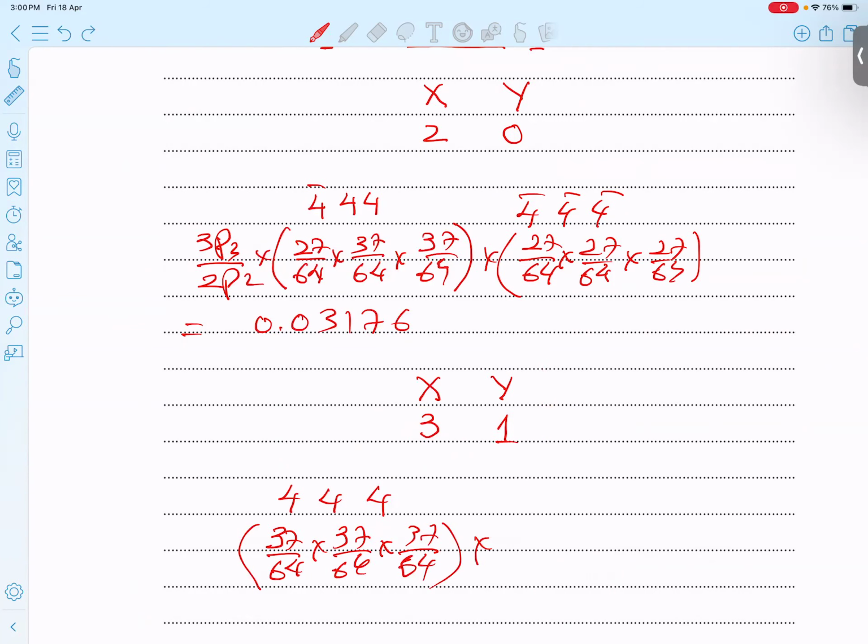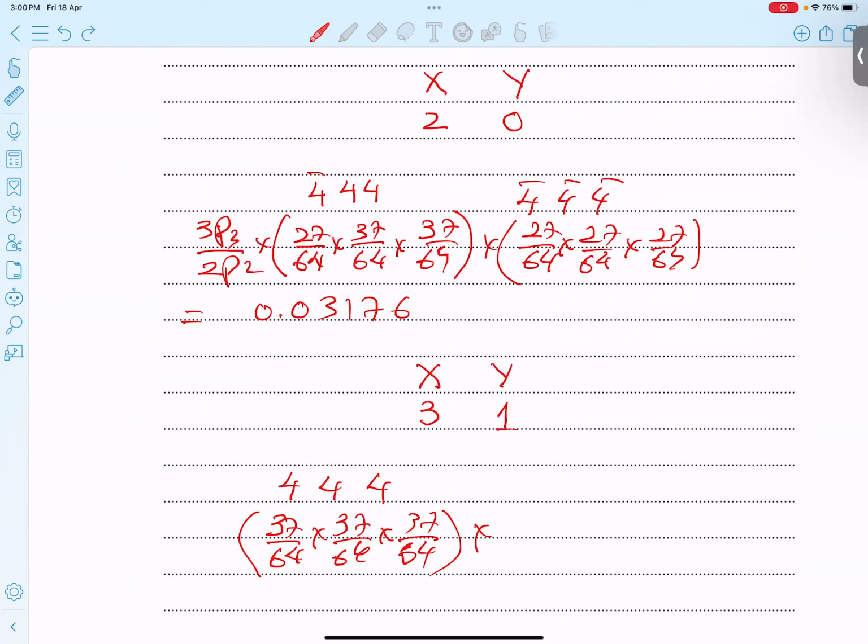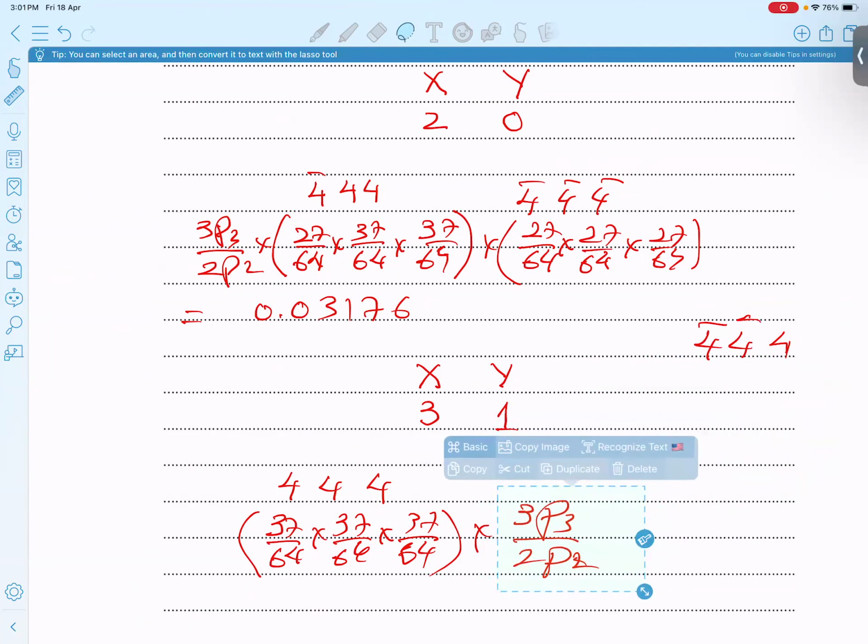Now let's talk about the y. What situation do we have? He's scoring 1 time. So it means 1 time 4, not 4, not 4. Again you can see 2 values are repeating. What to write? 3P3 for the 3 things and 2P2 for the repeating parts. And this part I am writing here.